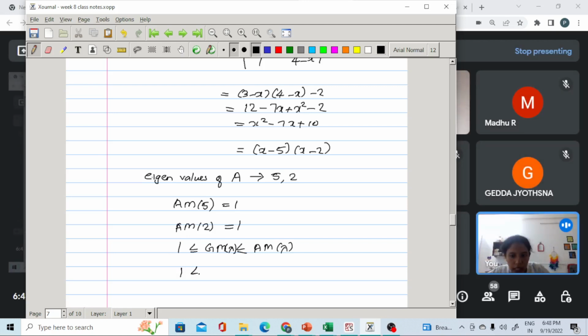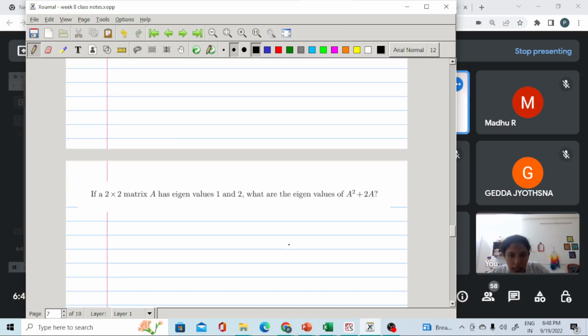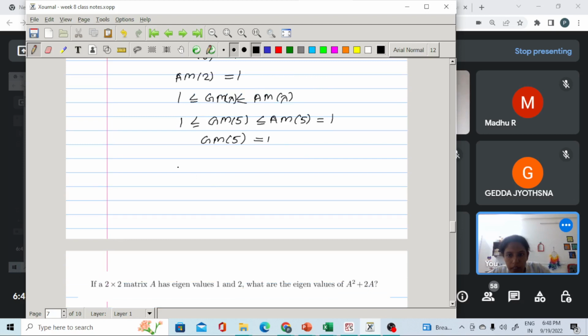So here geometric multiplicity of 5 is less than or equal to algebraic multiplicity of 5, which is 1. So what is geometric multiplicity here? 1 only. In the same way, 1 is less than or equal to geometric multiplicity of 2, which is less than or equal to algebraic multiplicity of 2, which is given as 1.